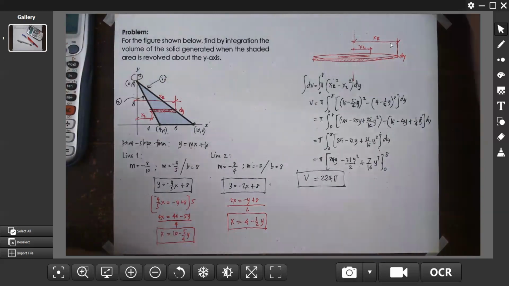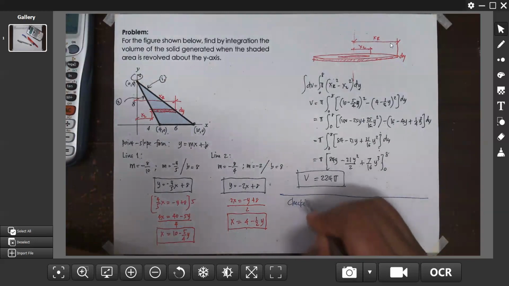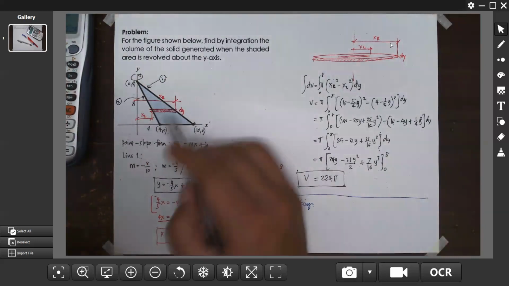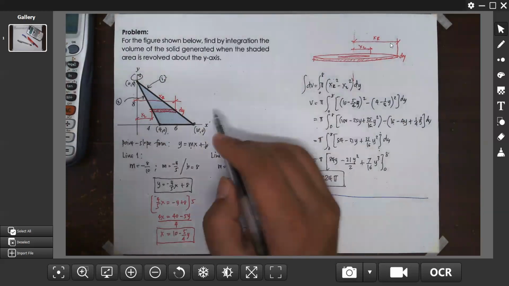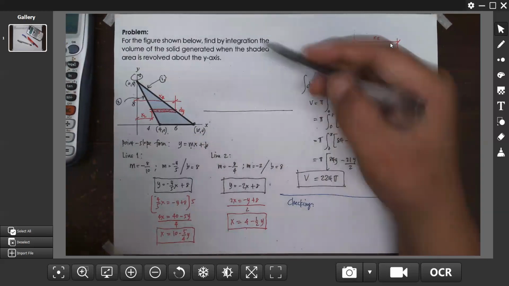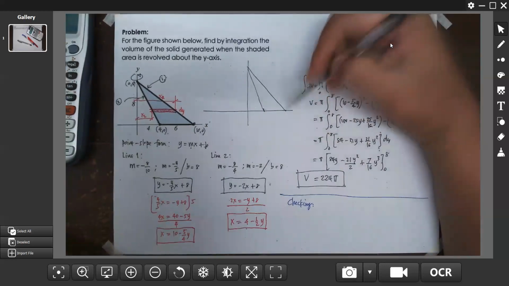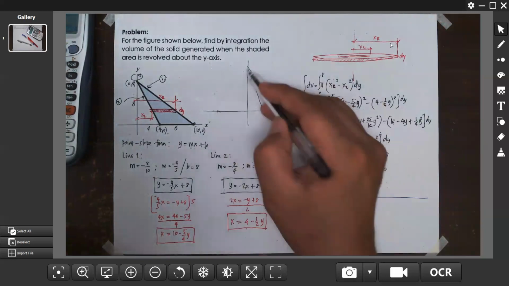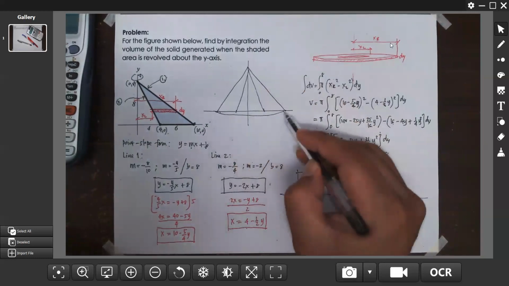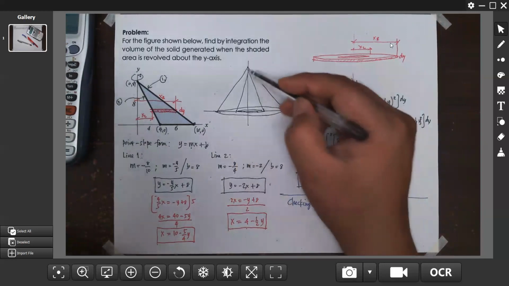Now, we can check our answer. If we revolve this region about the y-axis, it's just a bigger cone minus a smaller cone, like this one. This is our solid.